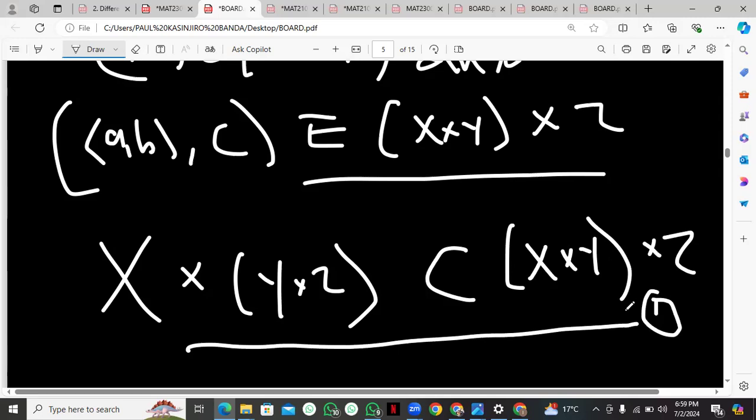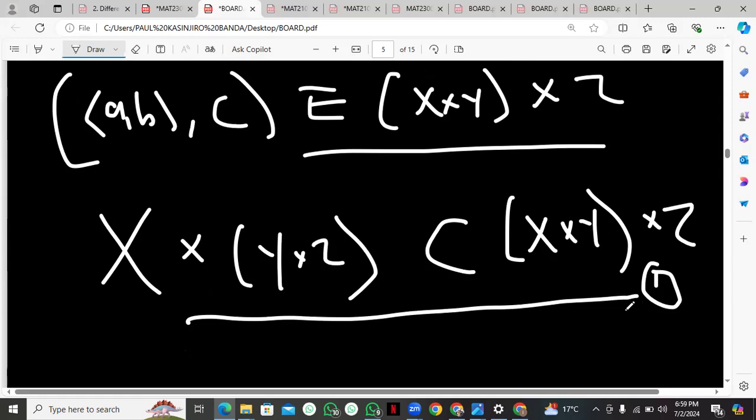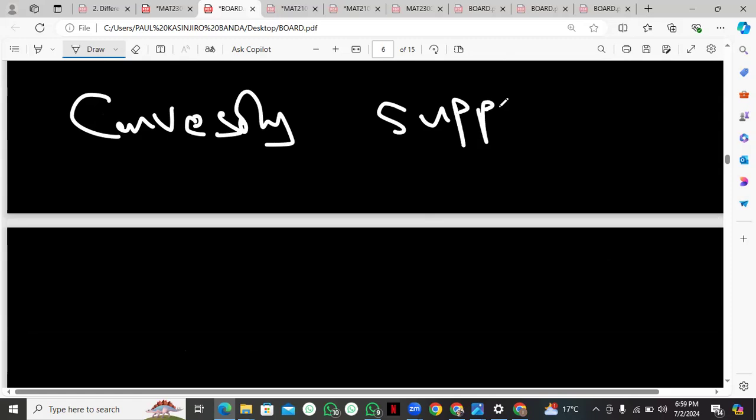So we have done the first part, and now we can do the converse. The converse is actually similar, so you see how we shall do it. So conversely, suppose that I have, not an X, but a coordinate, because this is a Cartesian product.